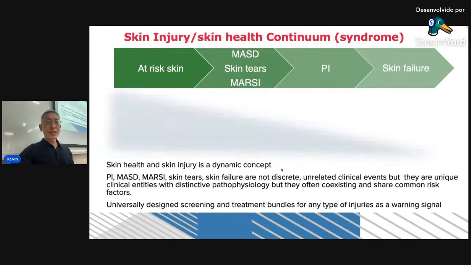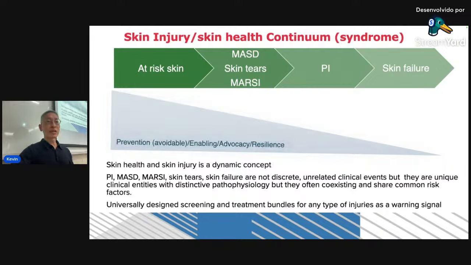So I think the idea is that by describing all those skin conditions on the continuum, we can think about the need for prevention at an earlier time by identifying people at risk for skin problems. If we put all the interventions we describe in the literature as skin bundles, it's not one intervention or certain interventions particularly customized for pressure injury, but a whole spectrum, a battery of interventions.